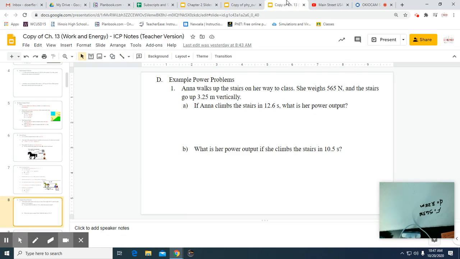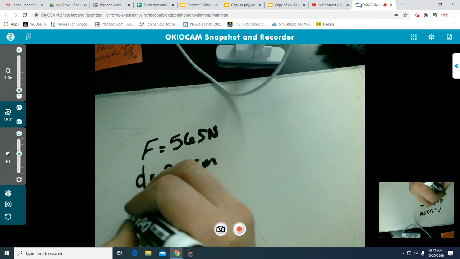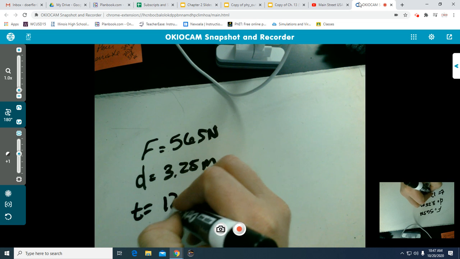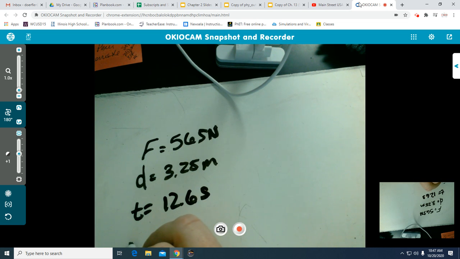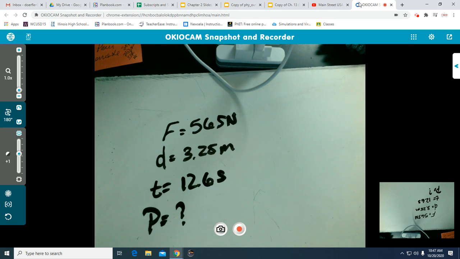We also know she climbs the stairs in 12.6 seconds, so that's going to be our time. We need to figure out how much power Anna had during that. But one thing's missing. We can't solve power just yet. Why not? We don't have joules. We don't have work, right?